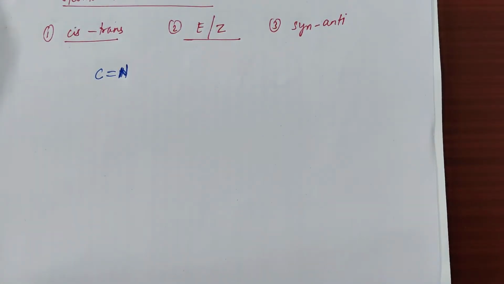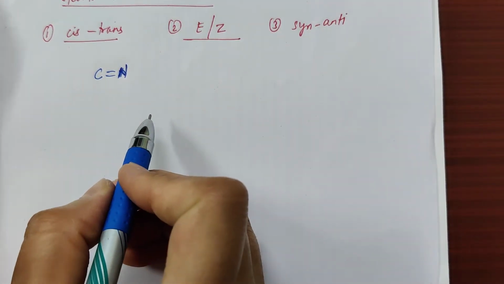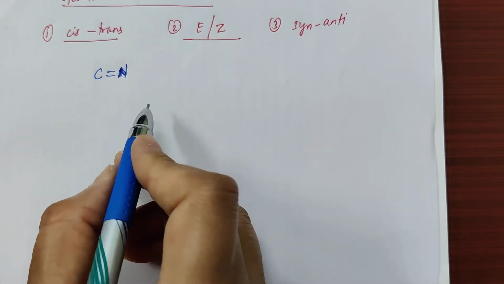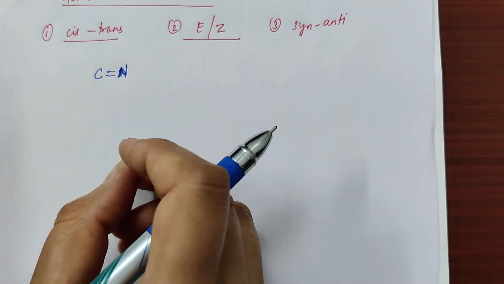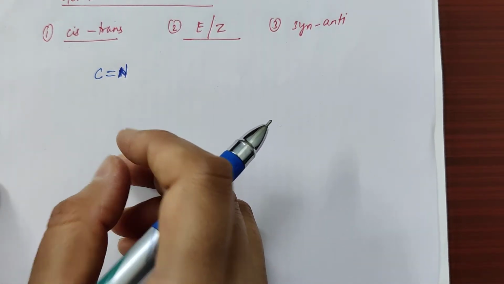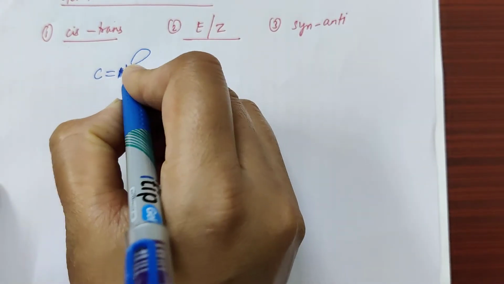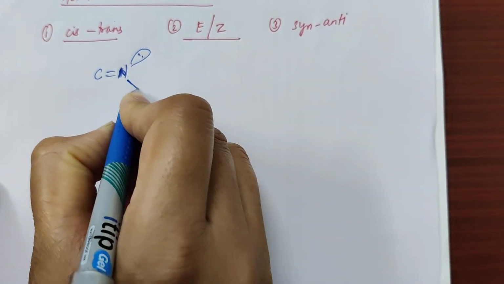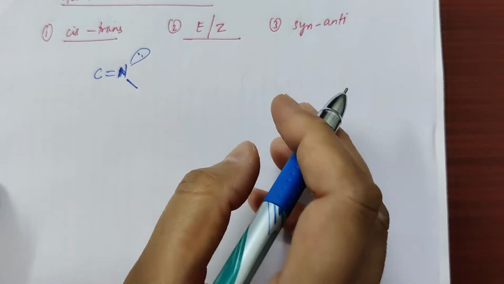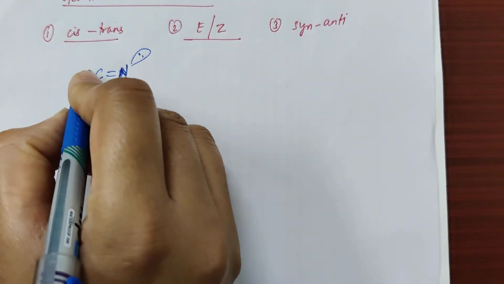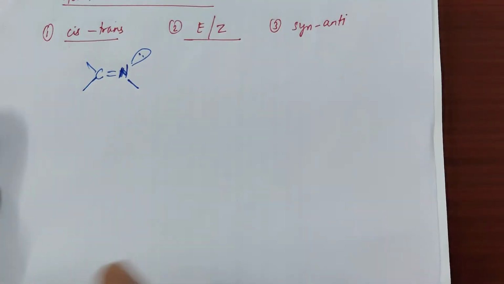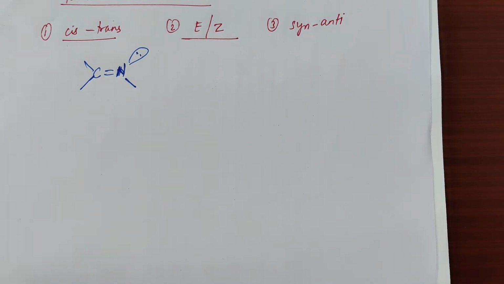Now all of us know that nitrogen has the ability to form three bonds and it has a lone pair. So this nitrogen will always have a lone pair and something attached here. Similarly, this carbon will have two different groups attached.